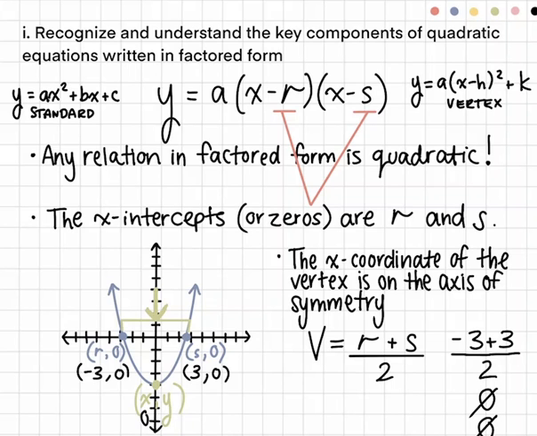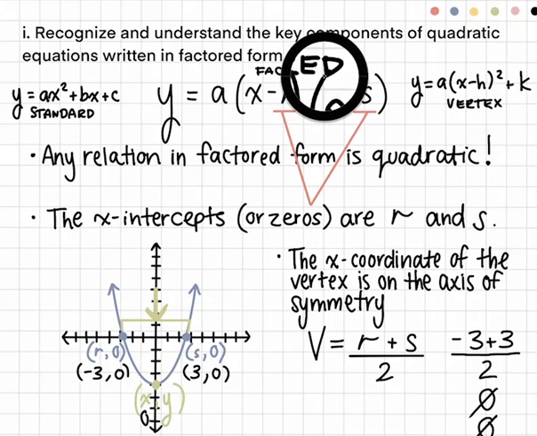So if you're able to look at all three of these and know that this is factored form, and you know what r represents and you know what s represents, then you're well on your way to achieving this first learning goal.